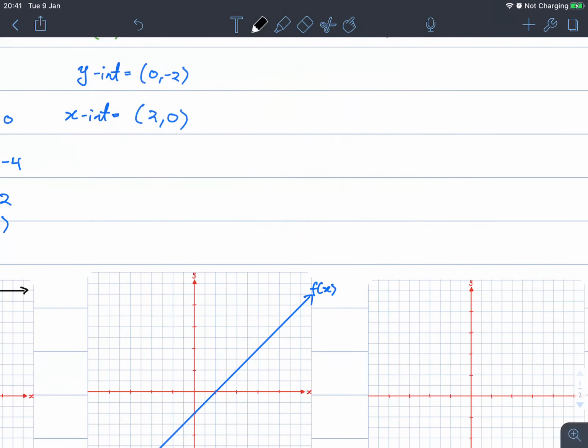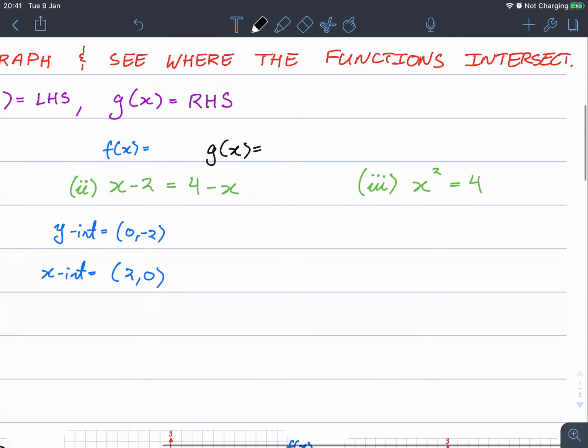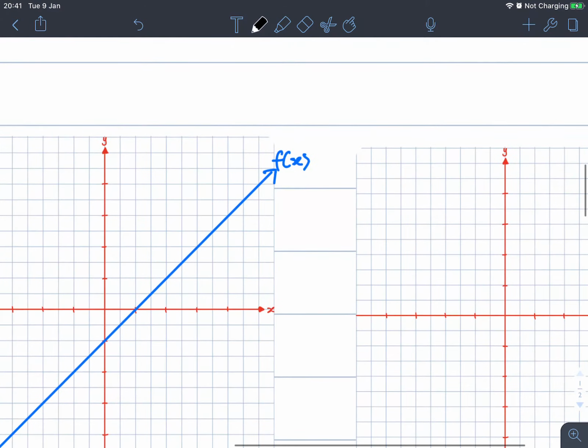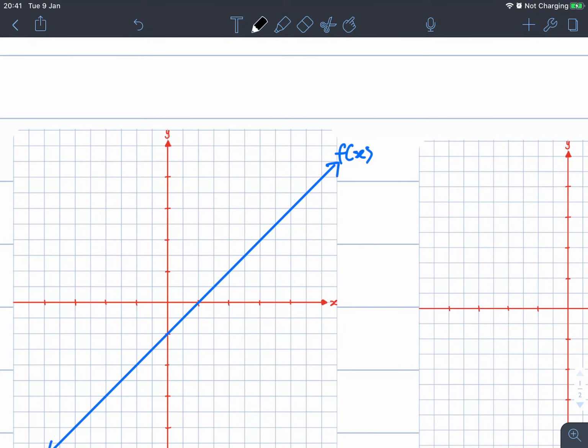Let's do the same for g of x. For g of x, my y-intercept is going to be at (0, 4), and my x-intercept is going to be at (4, 0). So (0, 4) is about here, and (4, 0) is about here.